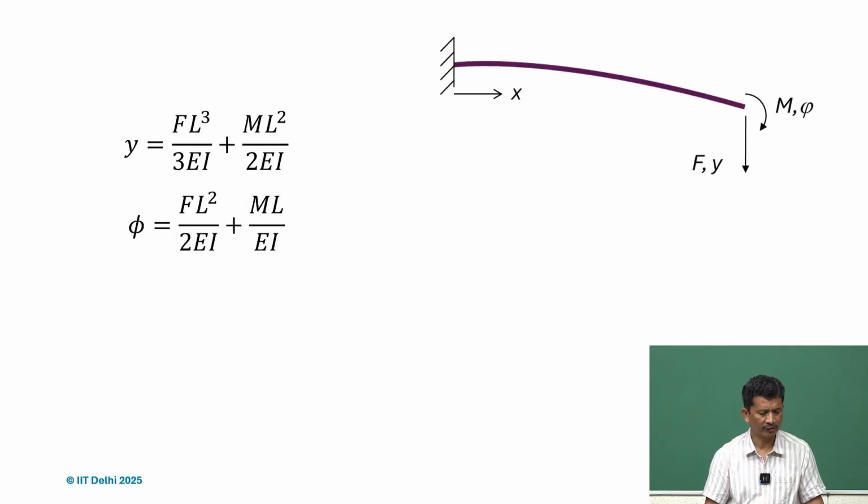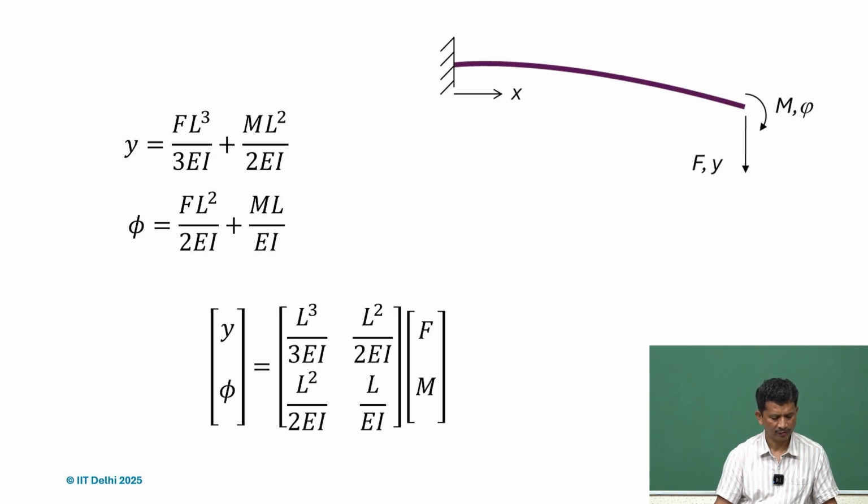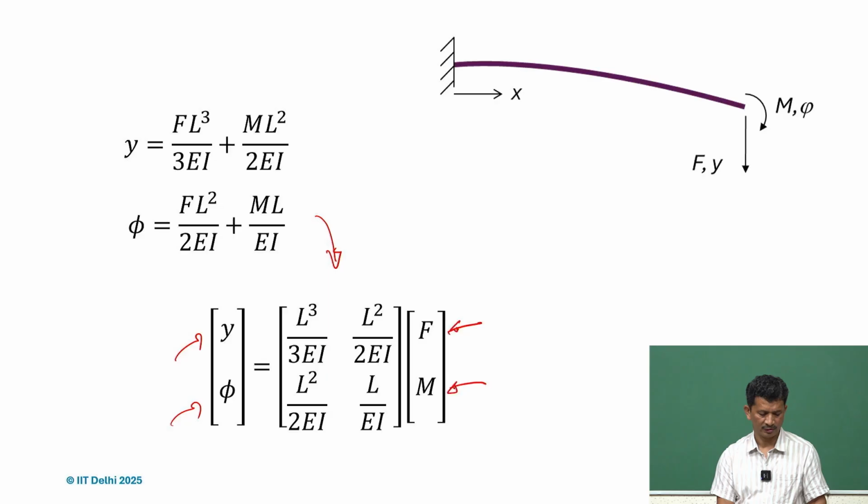So we can rewrite here, and of course this is at the tip, when x equal to L, in terms of y and phi. In matrix form we can convert: at this end we can write y and phi, and at this end we have the associated forces F and M. And what we realize is it's very easy to work with.